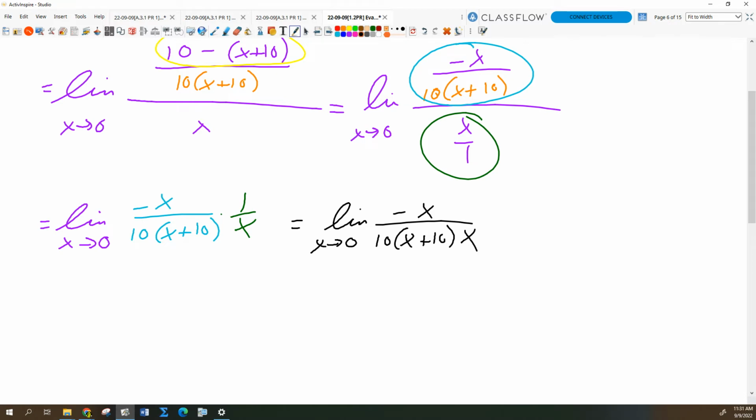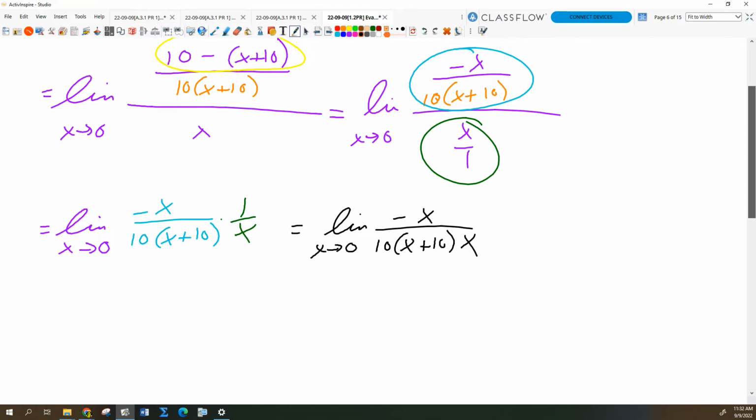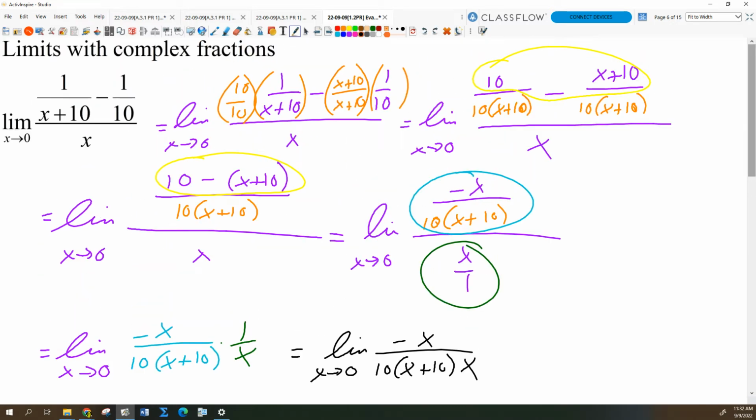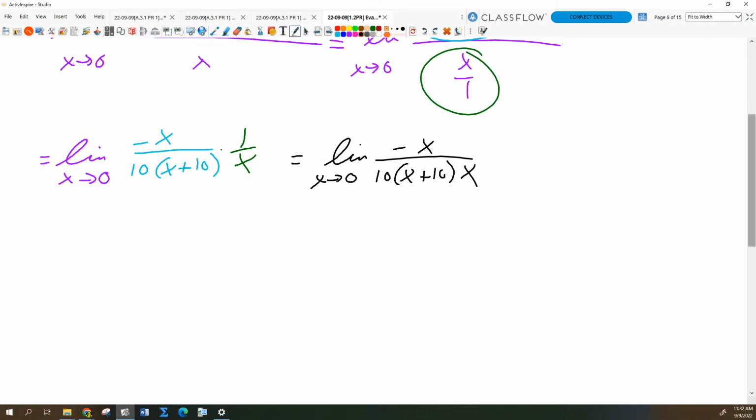Well, no, I mean, the whole point of this, and I guess I didn't mention this at the start, but I forgot to check this: what would have happened if I would have tried to evaluate that original limit directly? I would have gotten 0 over 0, wouldn't I? Right? Okay, so now what can I do here to fix that?